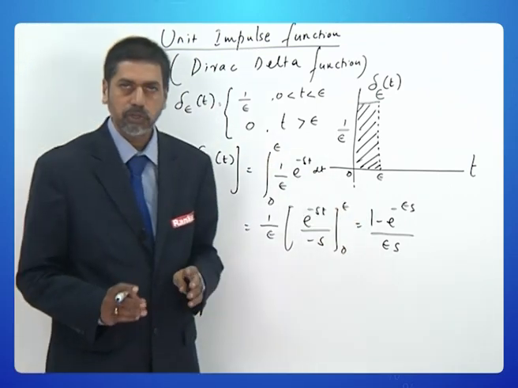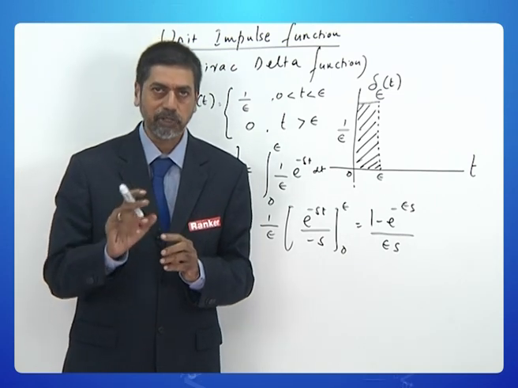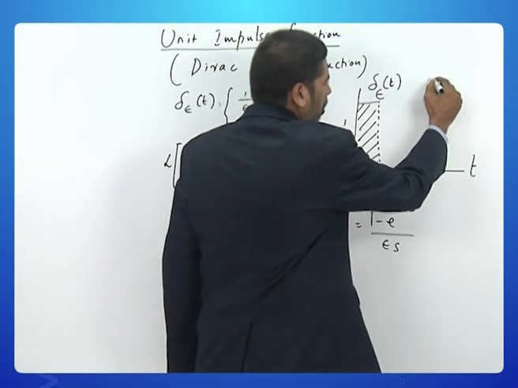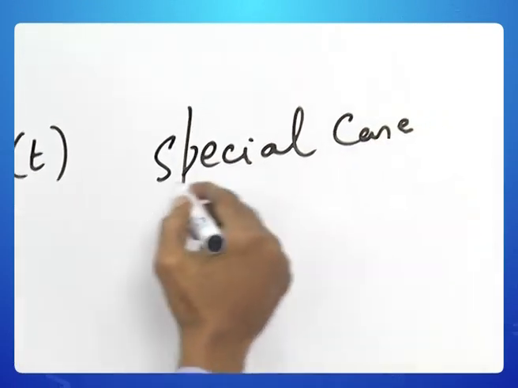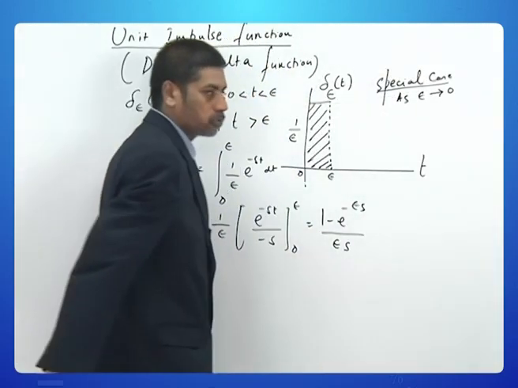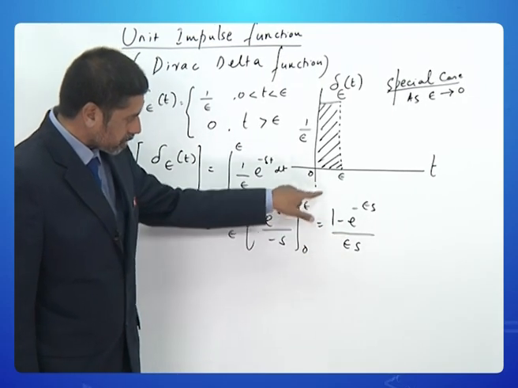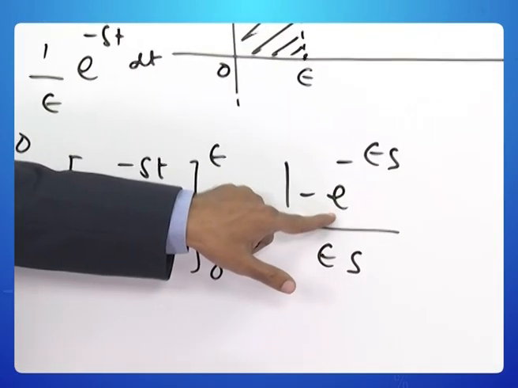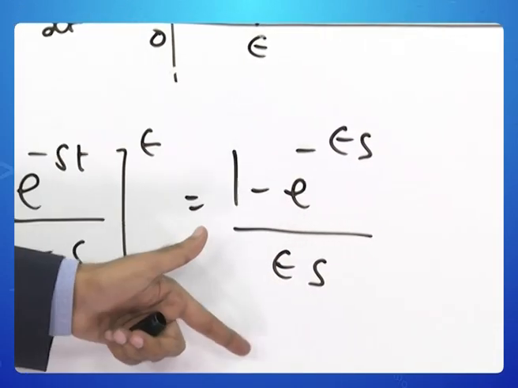But as I told you, epsilon is a very small value of time. In fact, if you put a limit on that, I will write that special case here. As epsilon approaches 0, let us observe this limit as epsilon tends to 0. E power 0 is 1, so 1 minus 1 becomes 0, and again epsilon tends to 0 makes it a 0 by 0 situation.